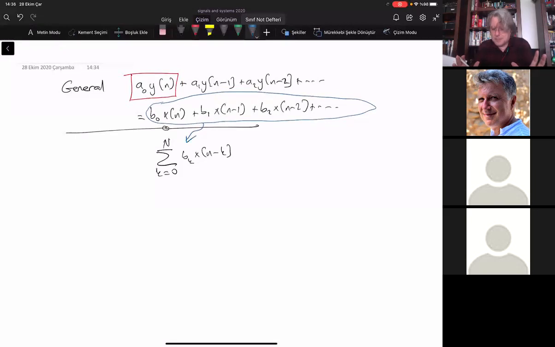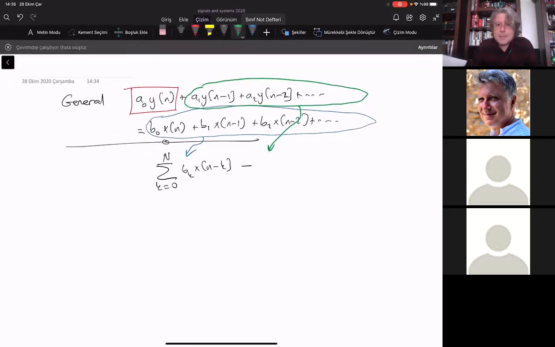Okay, that's the summation. And then minus all the things that I have here as a summation, I will subtract that. This time k does not start from 0, but from 1 and goes up to N, of Ak y[n-k].